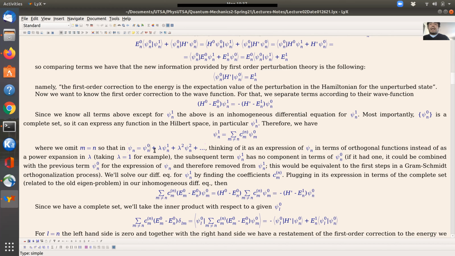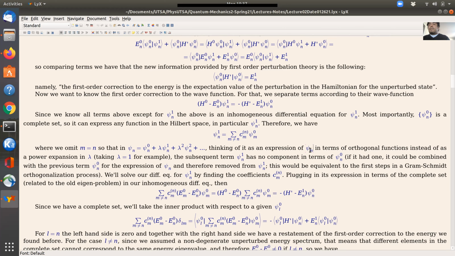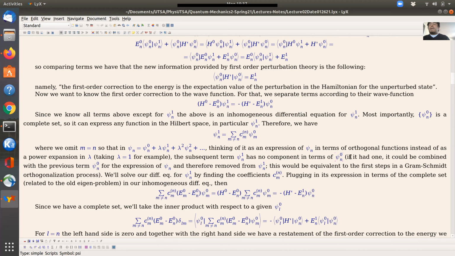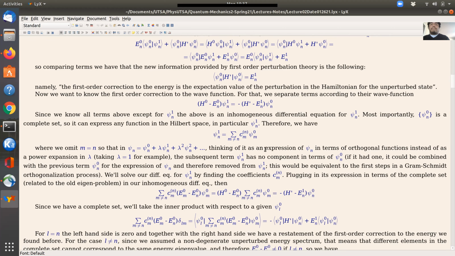So again, you omit the n term in this expansion because you think of psi n in terms of orthogonal functions. And so the subsequent term should have no component along psi 0n. If it had one, and this is the important point, you could combine it with the previous one, in the case lambda equal to 1, for example, for the expression of psi n, and then remove it.